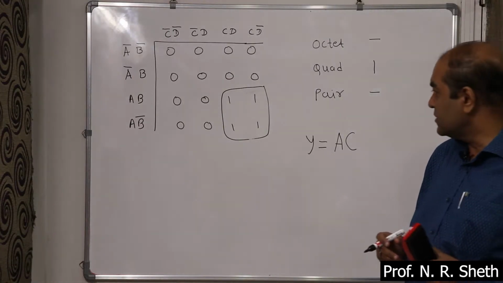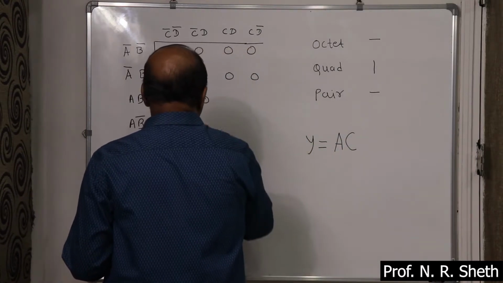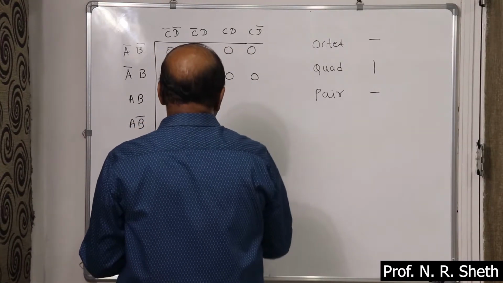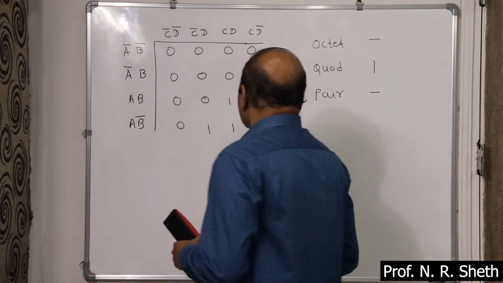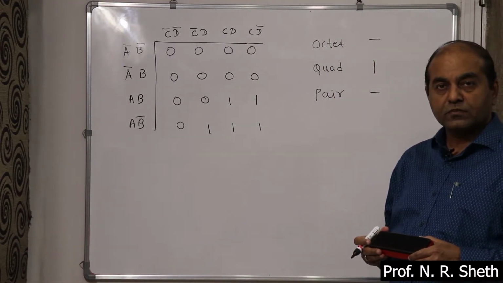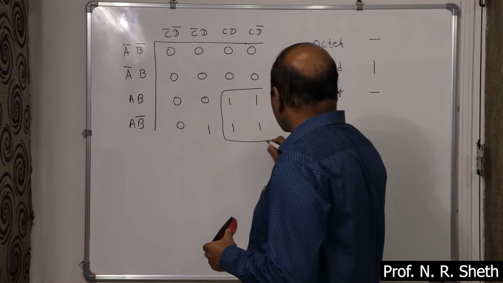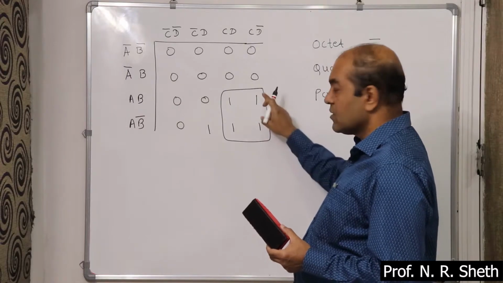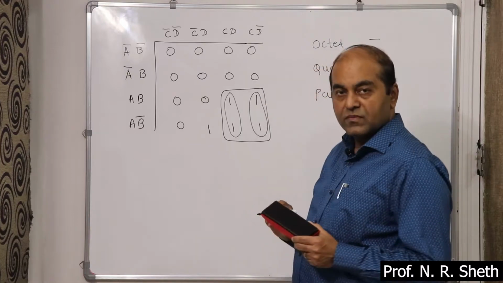Now in the second example, suppose your K-map is given in this way. Now here, as I have suggested, these two pairs are unwanted, so you don't have to construct these two. Is that clear?